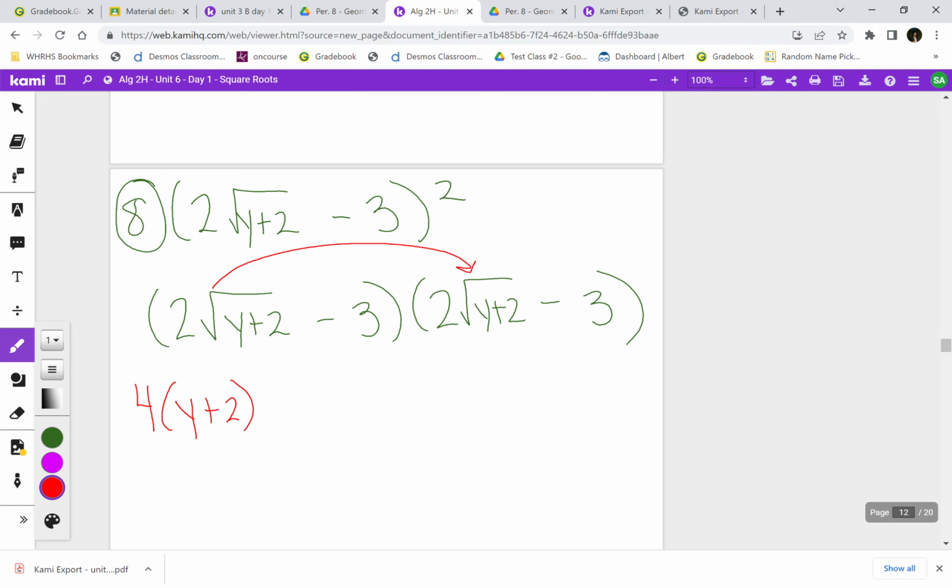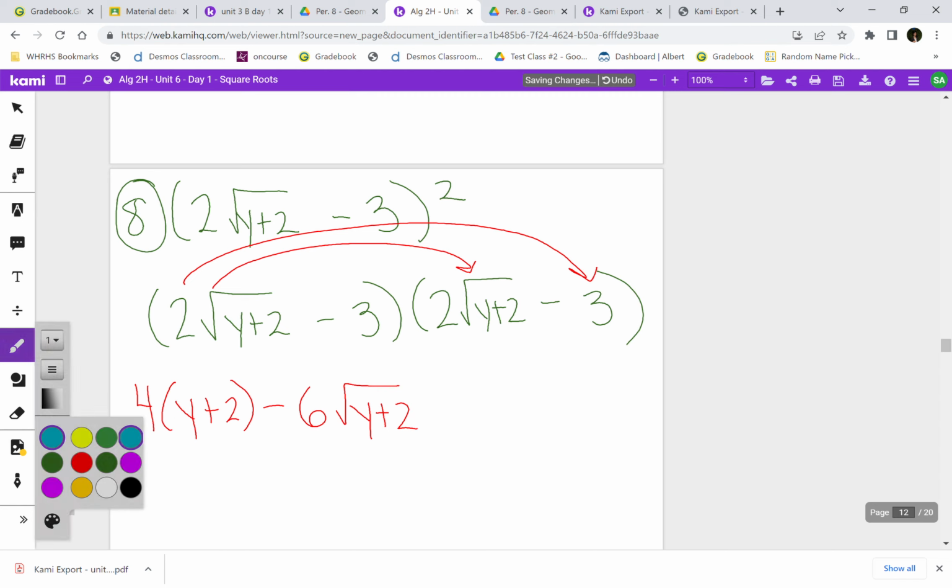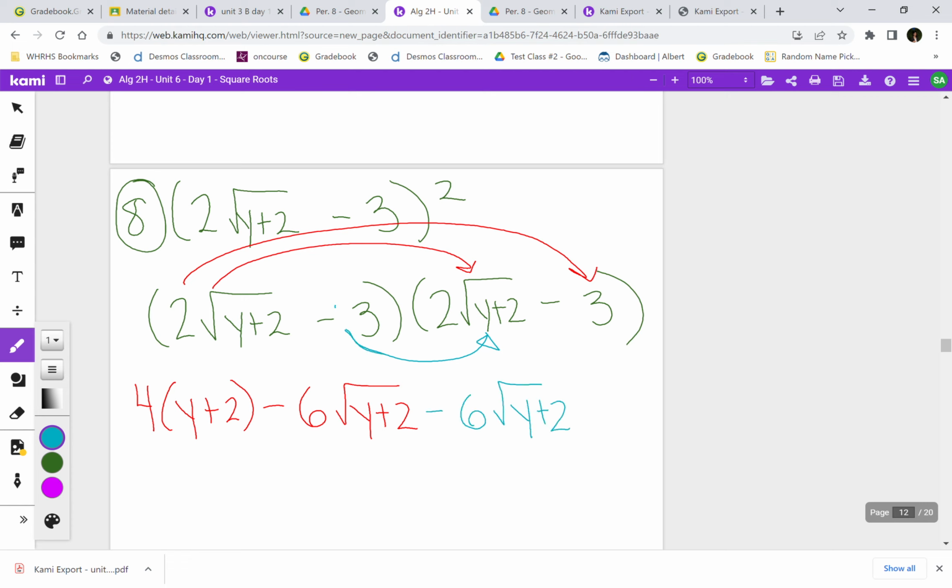Okay, now I have 2 root y plus 2 times negative 3. Isn't that a negative 6 root y plus 2? All right, we're doing it again. Negative 3 times 2 root y plus 2 is a negative 6 root y plus 2. And then negative 3 times negative 3 is a positive 9.